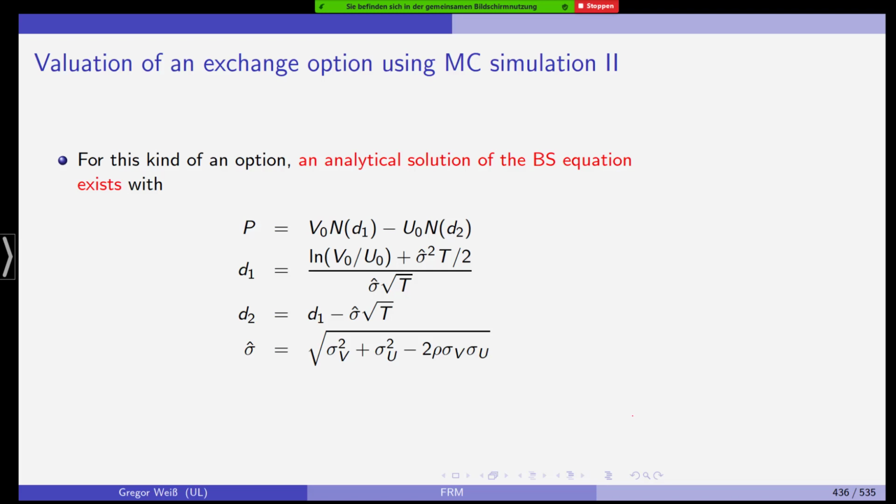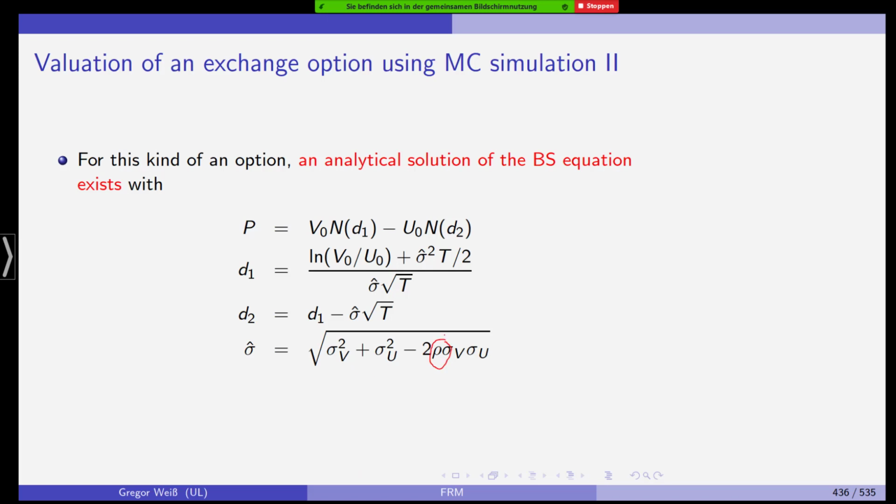Okay. Now for this kind of option, we actually have an analytical solution from the Black-Scholes equation. It's a little bit complicated. As you can see, it's V0 times N(d1) minus U0 times N(d2). d1 and d2 are given by these expressions, and this is where the correlation between the two actually comes into play.